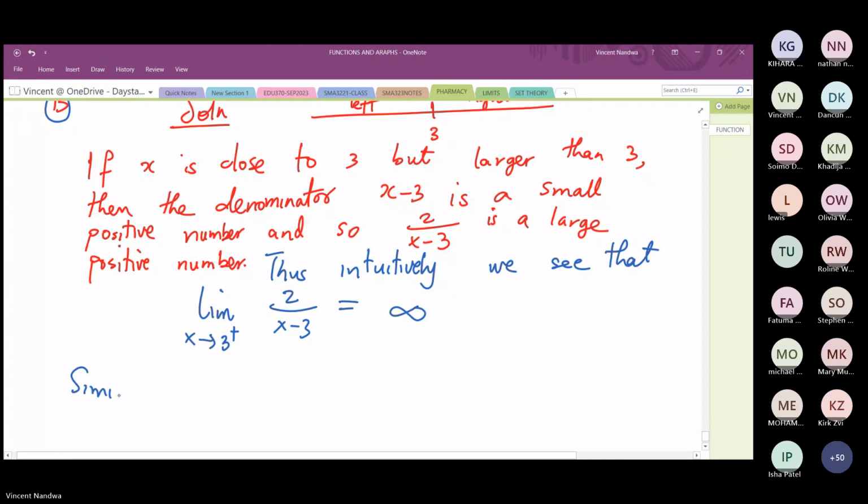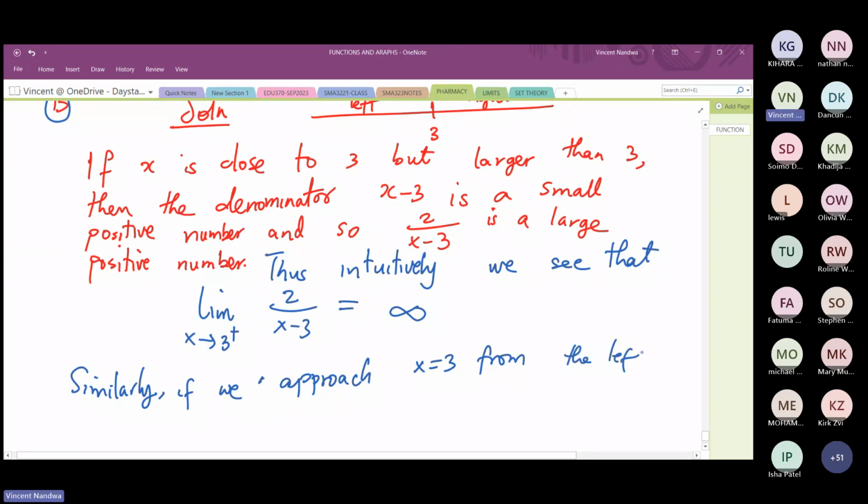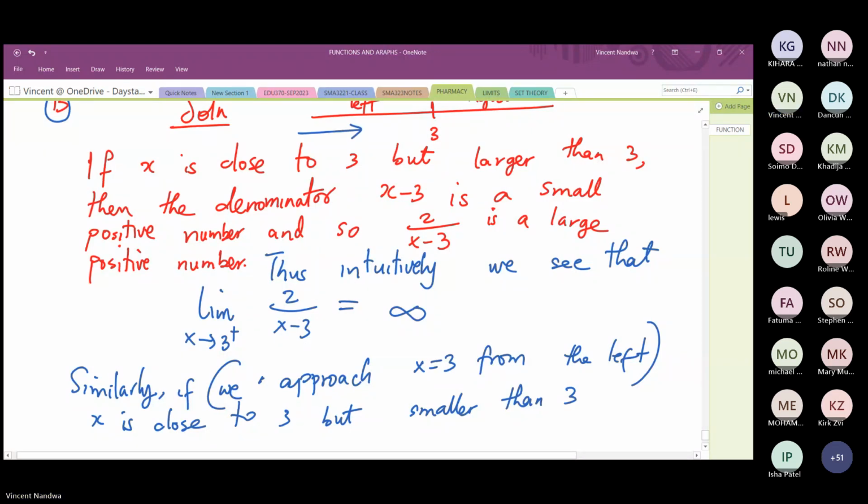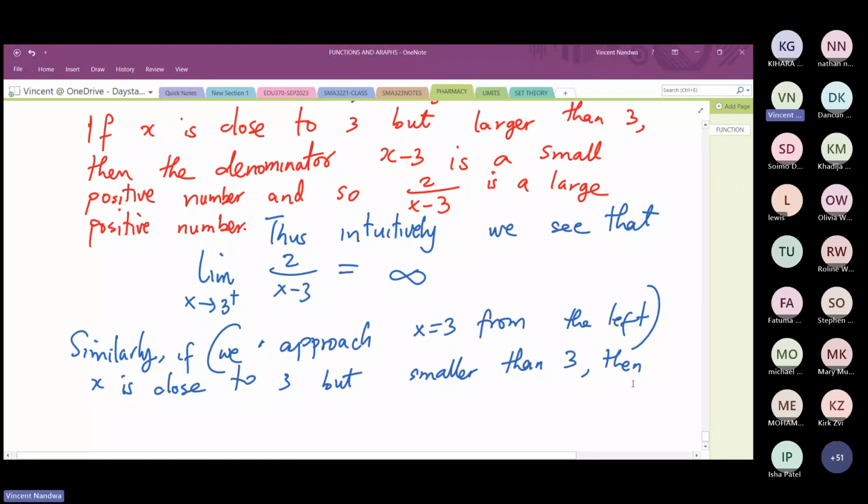Similarly, if we approach x equals 3 from the left, or this is the same thing as saying if x is close to 3 but smaller than 3, so meaning that you're moving now from this other direction, then what are we expected to have as this difference, x minus 3?